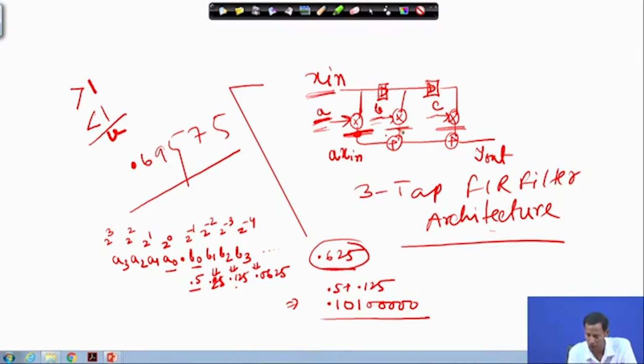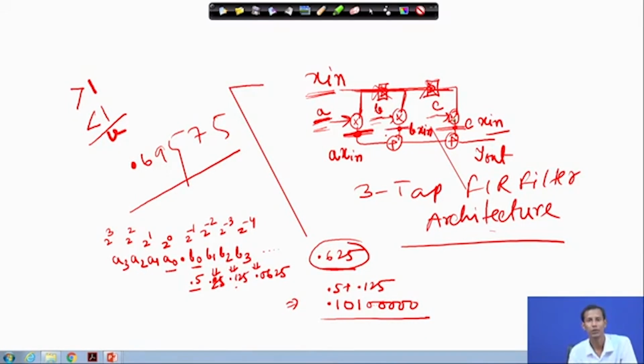Here the output is B into x in, if I do not consider this register, suppose there is no register. At that time this will be B into x in and this will be C into x in. So, these are the 3 multiplications which I have to do to implement this kind of circuit.